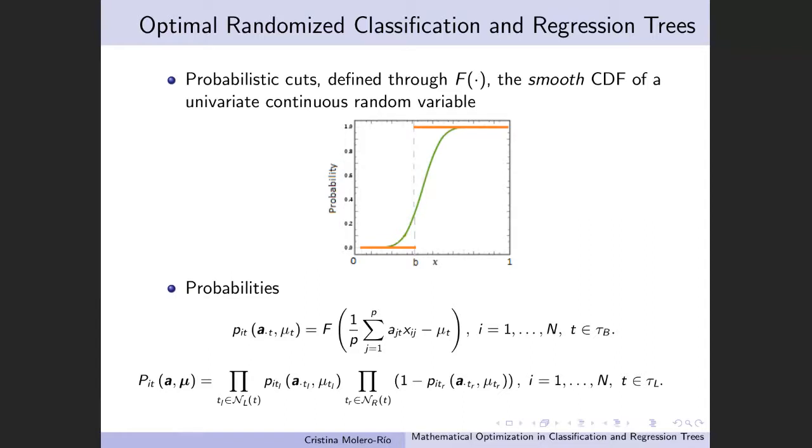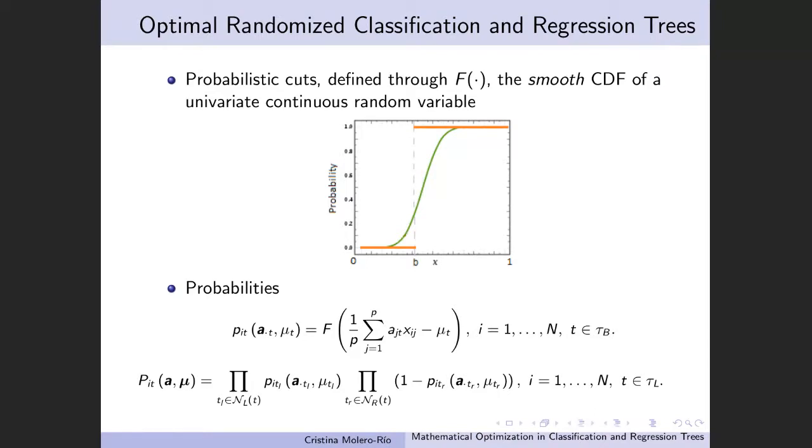So we will have p_it, which is the probability of individual i at branch node t going down the left branch, which is calculated as the cumulative density function evaluated over the oblique cut, and the complementary probability will be the probability of going down the right branch.